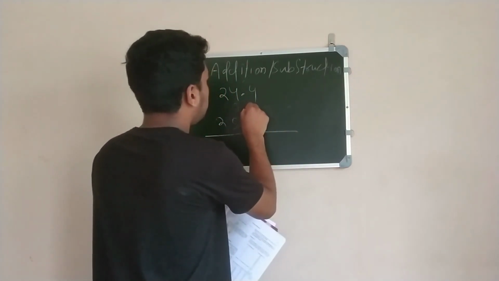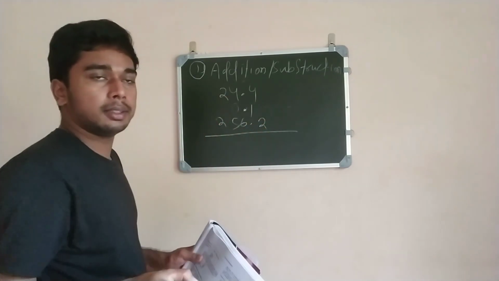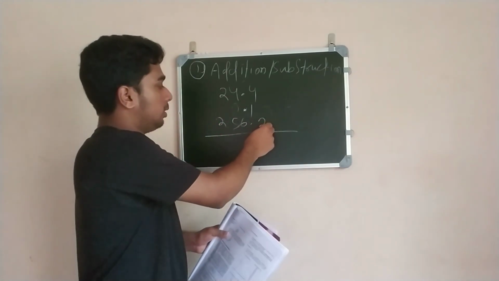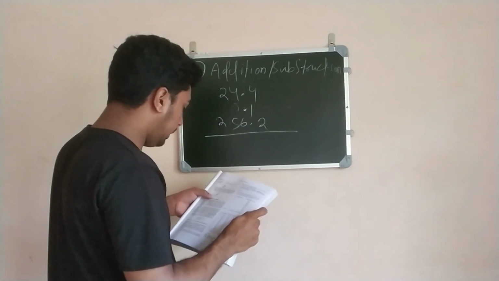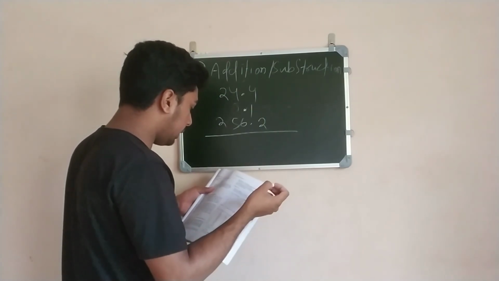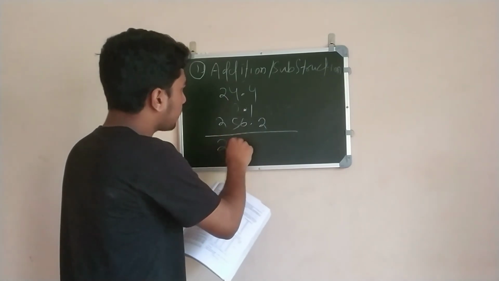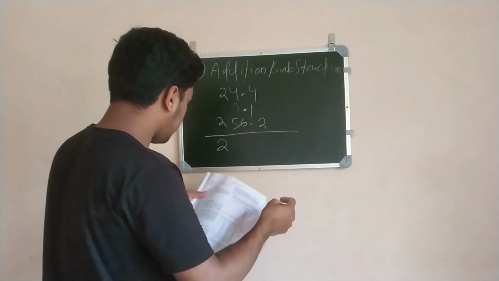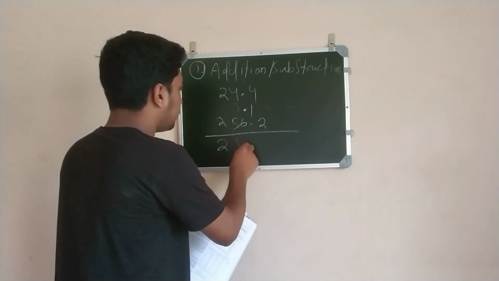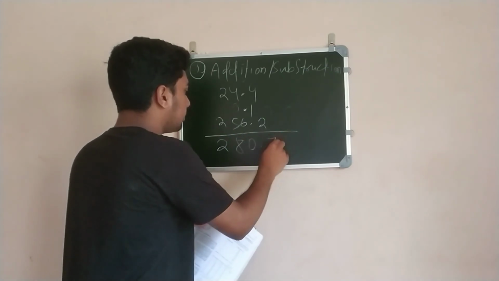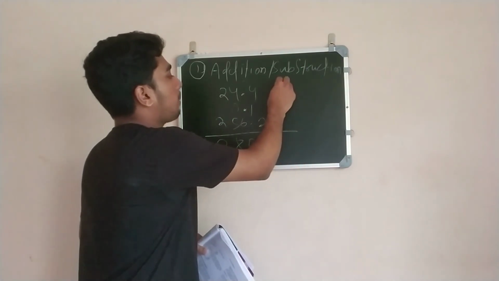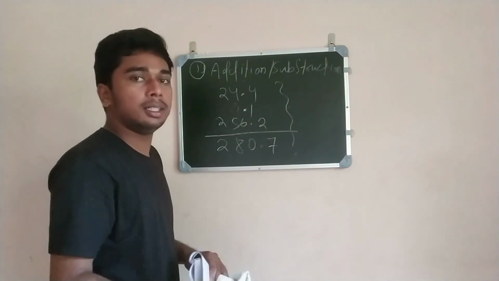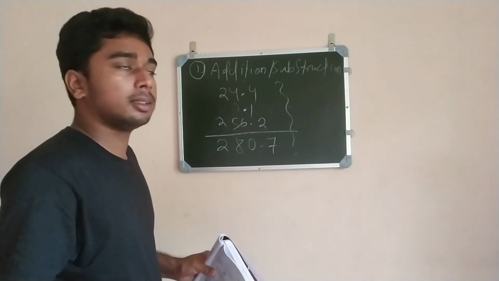So I rounded up to the first decimal place. So now I will perform addition. When I perform addition, I will get 280.7. So this is how we add when numbers are given.